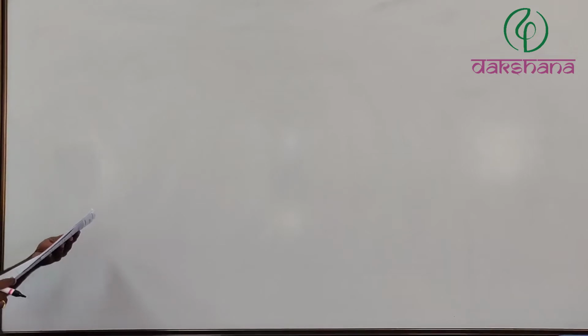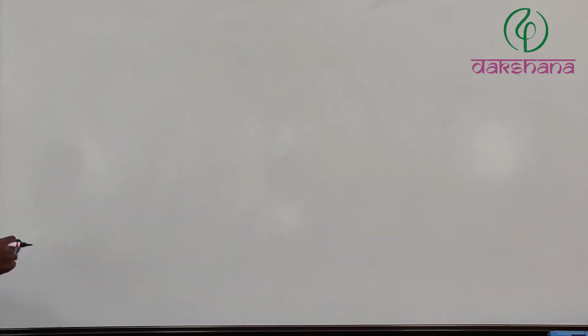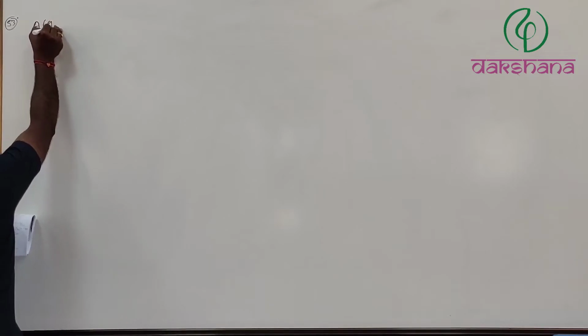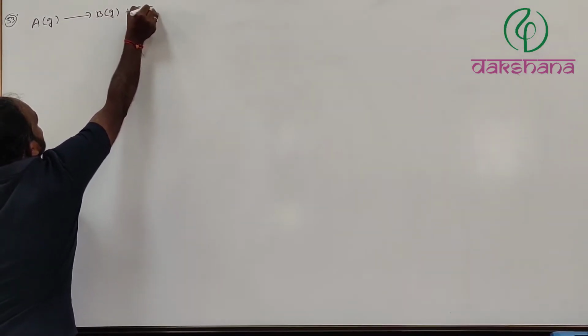Now comes section 2, paragraph questions 53 to 54. Here they have given one paragraph for questions 53 as well as 54. The paragraph says: A gas gives rise to B gas plus C gas.